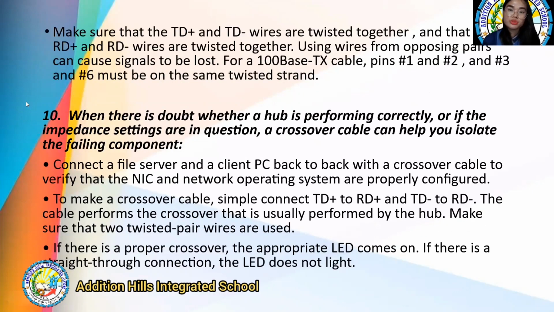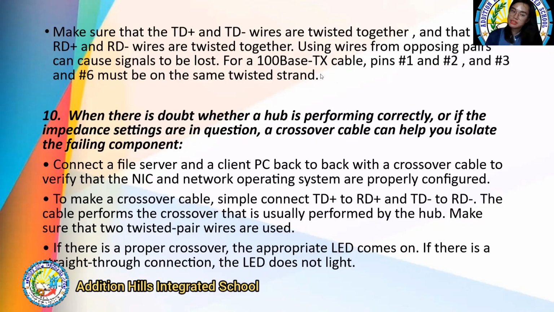Make sure the TD plus and TD negative wires are twisted together, and the RD plus and RD negative wires are twisted together. Using wires from different pairs can cause signals to be too close. For 100BaseTX cable, pins 1 and 2 and pins 3 and 6 must be on the same twisted pair.